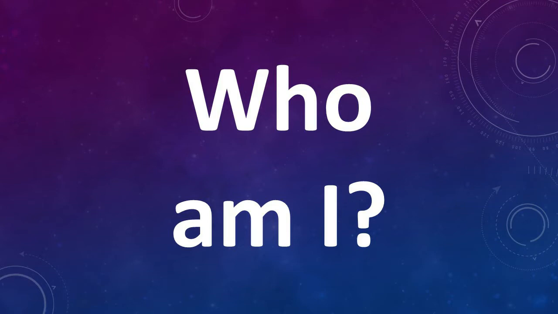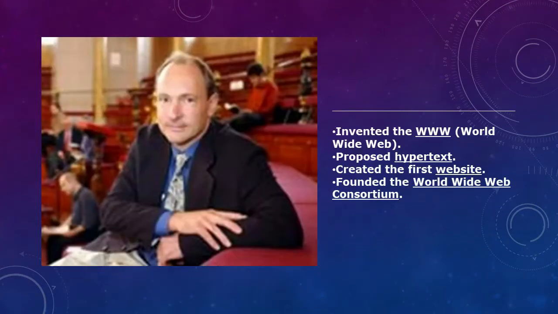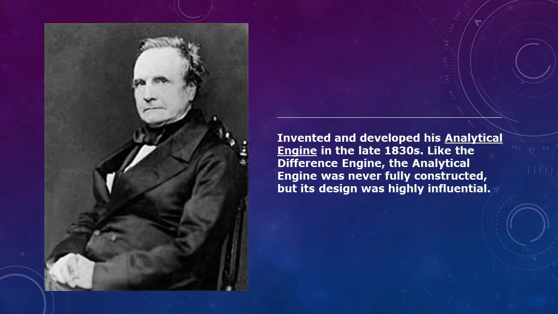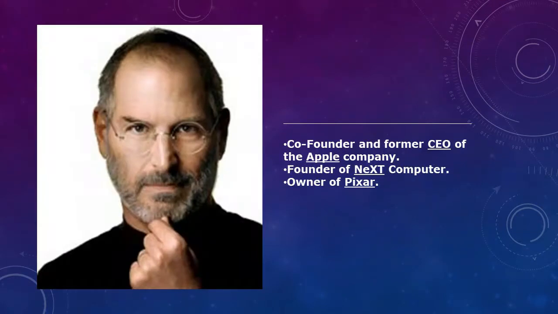Let's start. Who am I? One: I invented the World Wide Web and proposed hypertext. Two: I invented and developed the analytical engine in the late 1830s. Who am I? Three: I am the co-founder and former CEO of Apple Company.